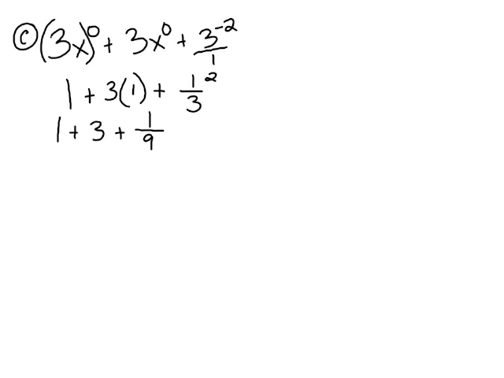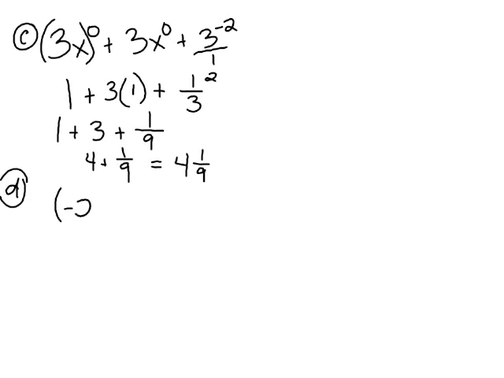So to add fractions together, what do I need to do? Common denominator, except this one's really easy. 4 plus 1/9 equals 4 and 1/9. Okay, so 0 as our exponent turns everything into 1.